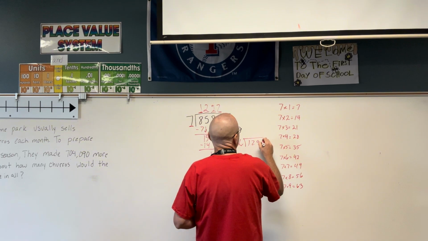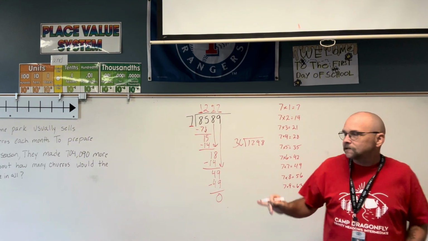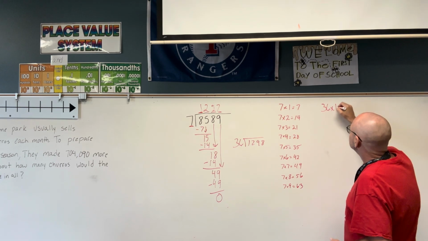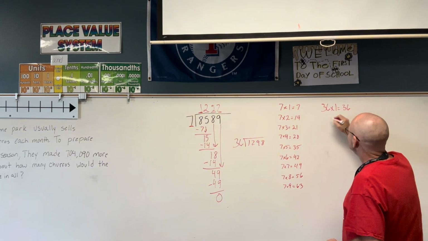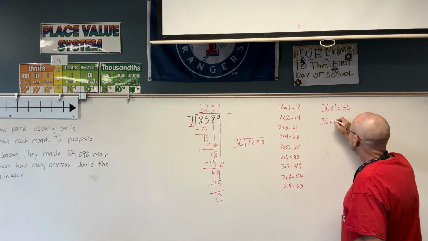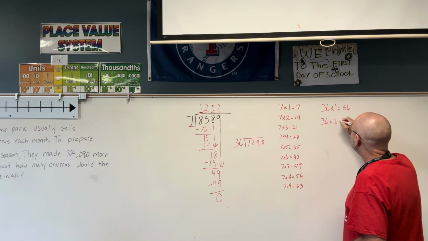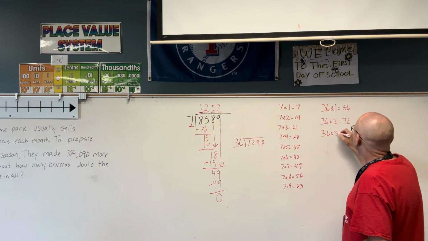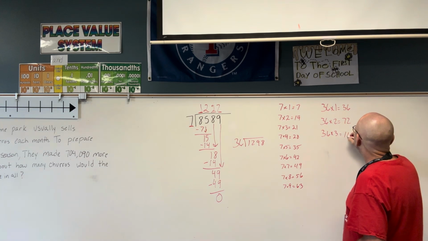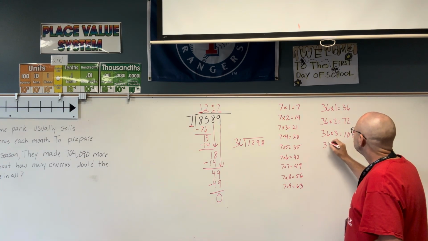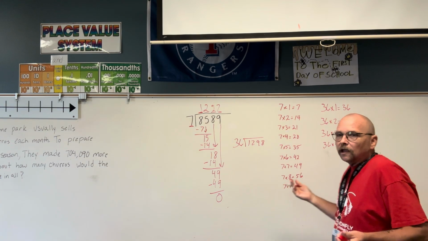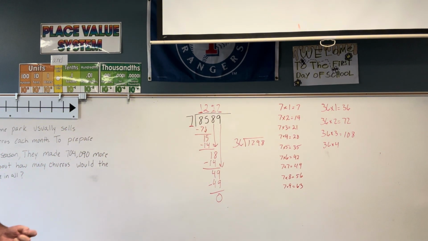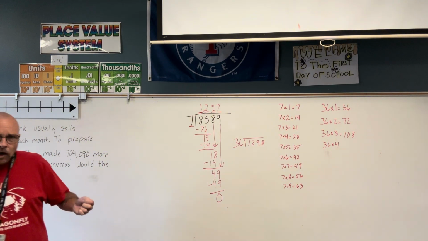So if 36 is my divisor, I do 36 times 1 equals 36. I would do 36 times 2 is 72. I would do 36 times 3, which is 108. 36 times 4. But all I'm doing is multiplying by 1, 2, 3, 4, 5, 6, 7, 8, 9. And you all know how to do that.